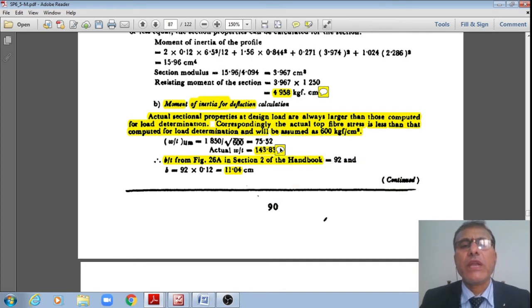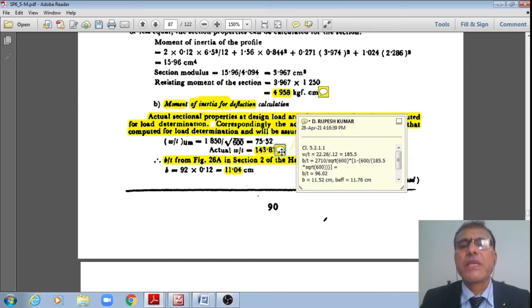Therefore, in such a case, now I'll calculate what is the W by T limit as per this clause 5.2.1.1. W by T, we have already seen in the previous calculation also. W is 22.26 divided by 0.12, it is 185.5, student, right?